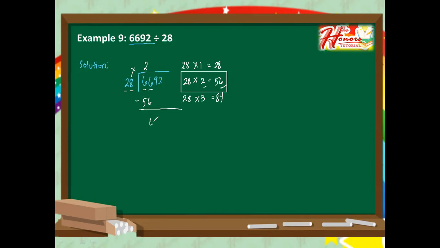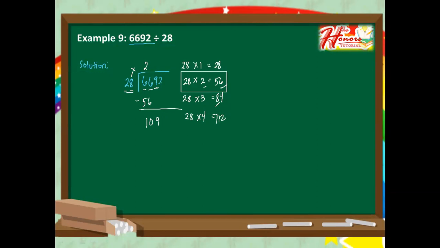So we have here 56, and then let's subtract. 6 minus 6 is 0, 6 minus 5 is 1. And as you can see here, 10 is less than 28. So we should bring down the next digit, and that is 9. So we have here 109. Let's continue multiplying. 28 times 4 is equal to 112.